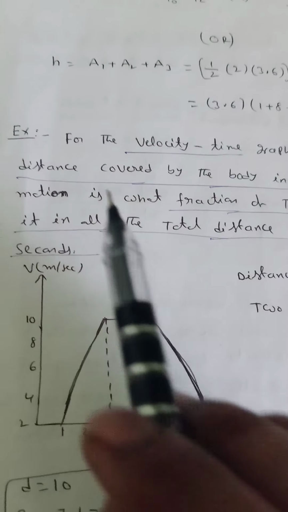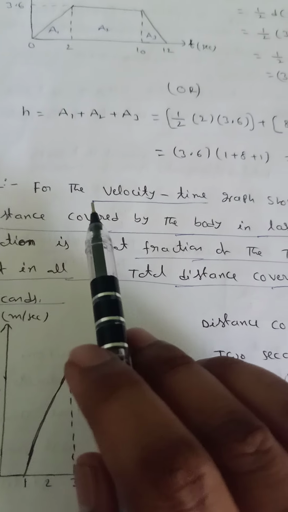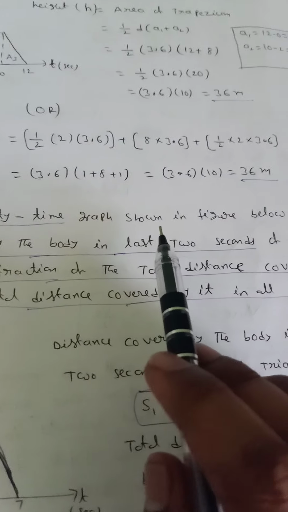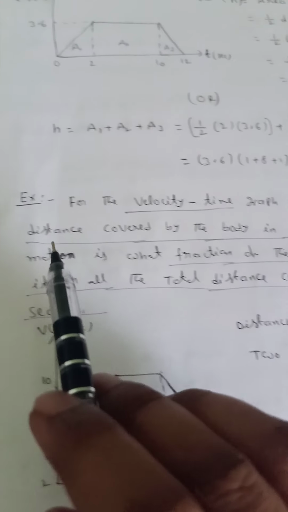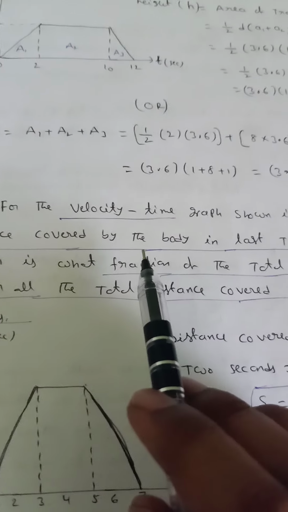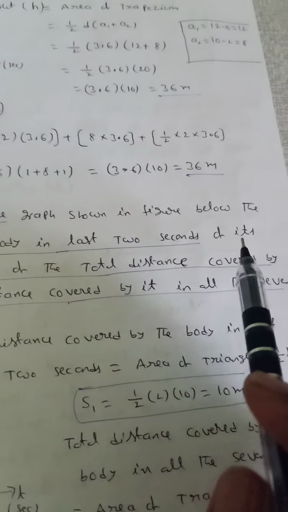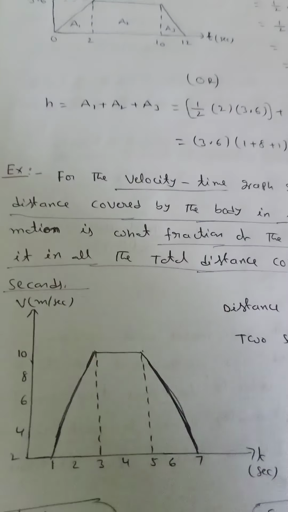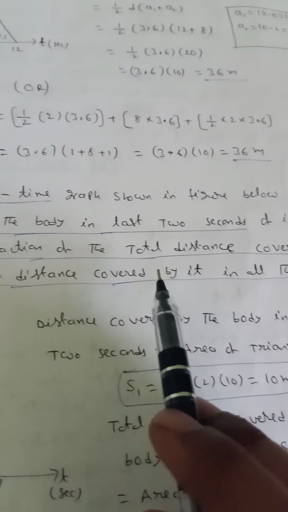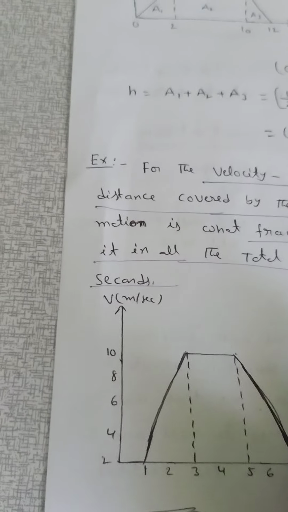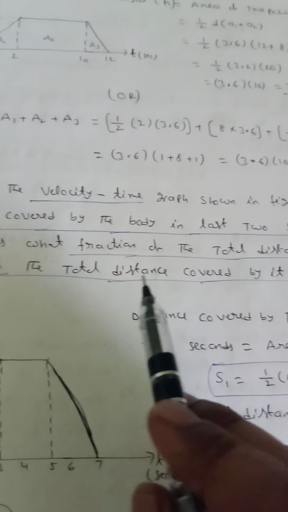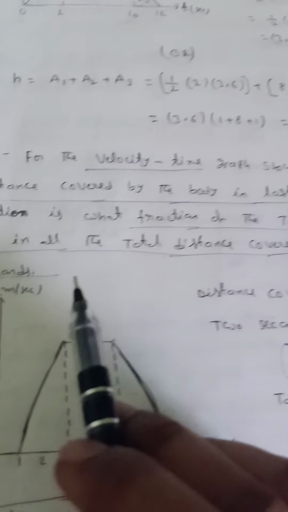Next, another example. For the velocity time graph shown in the figure below, the distance covered by the body in the last 2 seconds of its motion is what fraction of the total distance covered by it in all 7 seconds?